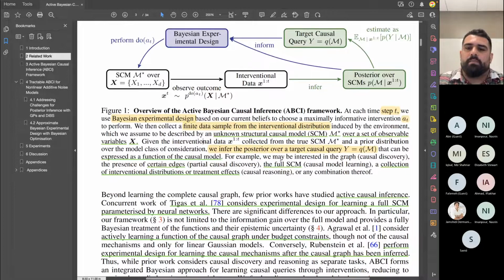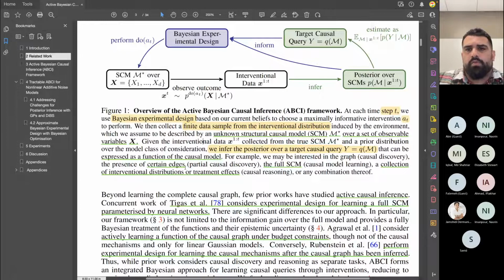For example, they may be interested in learning a graph with the presence of certain edges. So they may have an idea of how the graph may look, but not exactly. They just want to see the relationship between a few nodes, not the full graph, and this is where it can be useful. So this is one type of query, and they actually compare these approaches together.